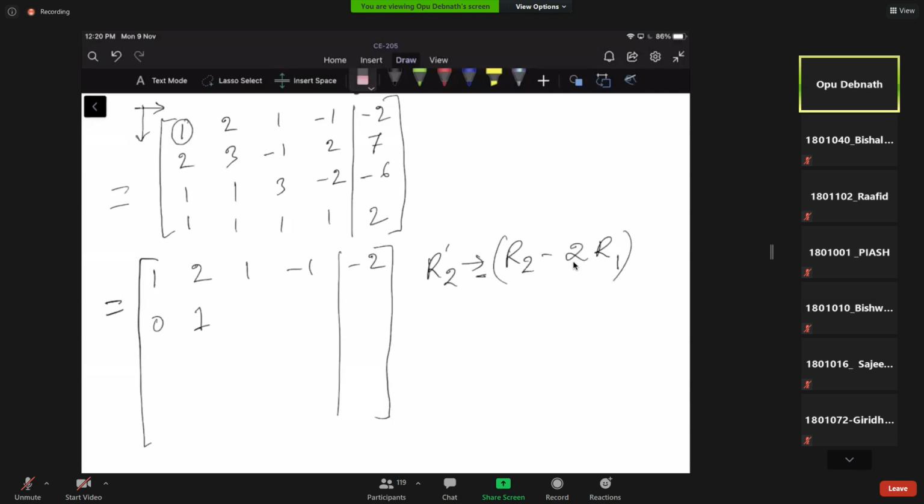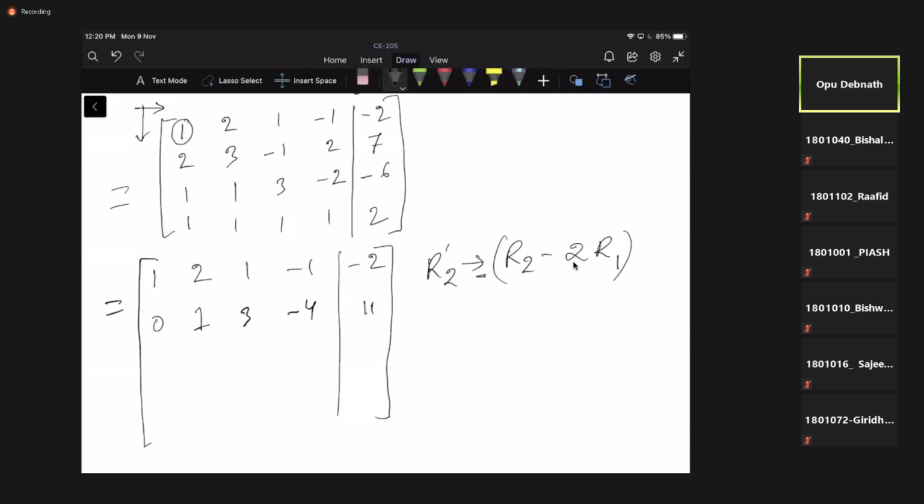Okay, similarly the other elements will be like this: this will be 3, this will be minus 4, this will be 11. Okay, 7 minus minus 4, that means 11.